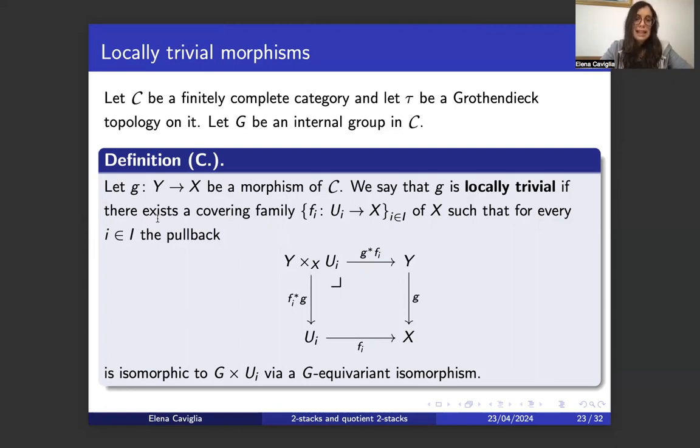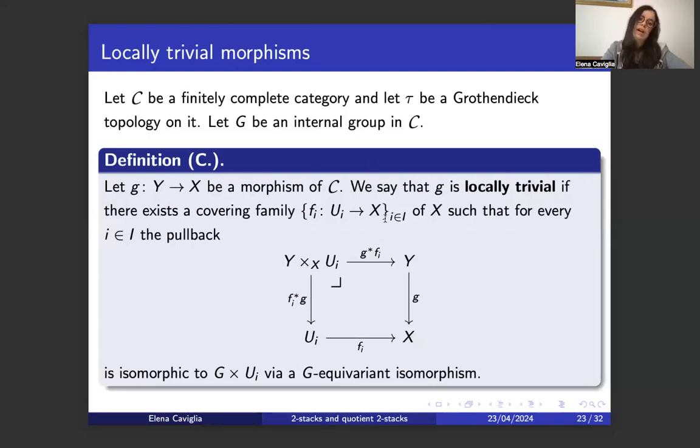And we say that a morphism of the category is locally trivial if, so this morphism G is locally trivial if there exists a covering family, which is the basis, the other language I mentioned to speak about Grothendieck topologies.